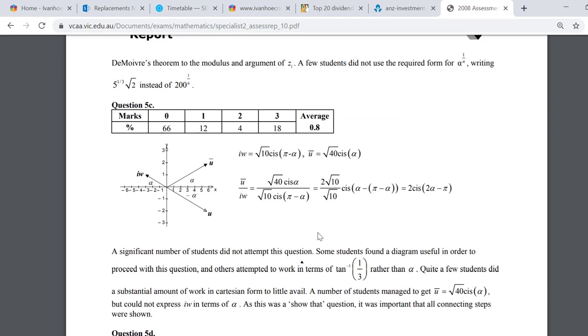Okay, so a significant number of students did not attempt this question because they just didn't know where to go.